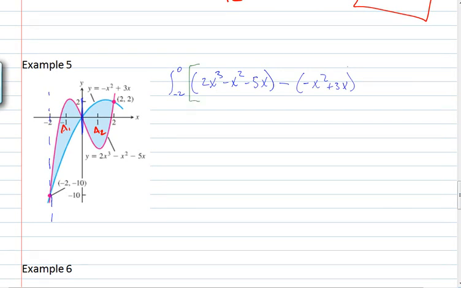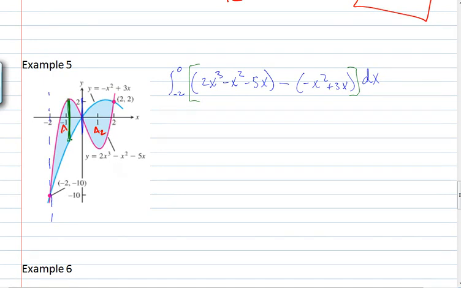This is the function that's on top minus the function that's on bottom. That's how you get the height of this rectangle. Don't forget your dx. That's area 1. The function that's on top is the pink one. It's pink minus purple in the first one.